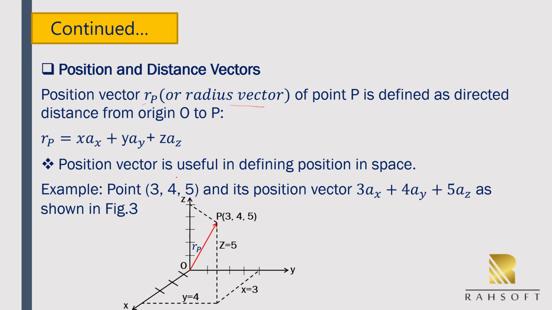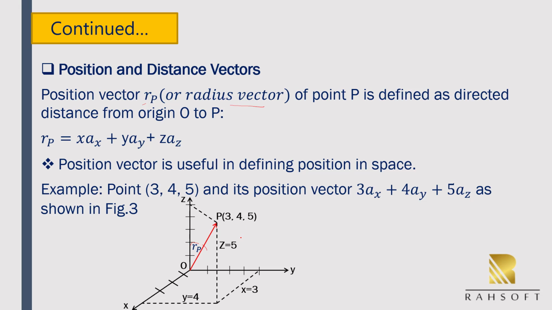For example, point 3, 4, 5 and its position vector 3ax plus 4ay plus 5az is shown in this figure. This is the position vector, which is directed from the origin to point P, and we have this point P as 3, 4 and 5.